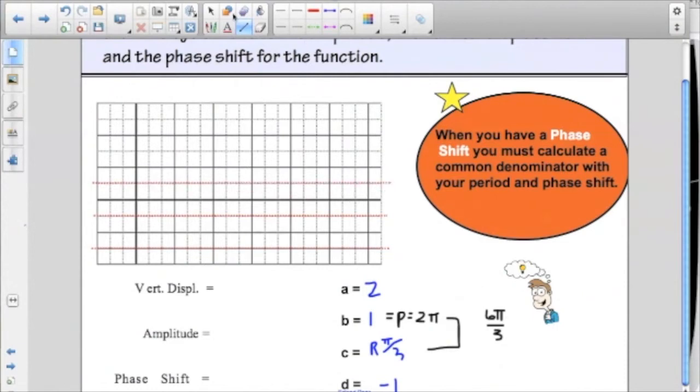Now we've got to put some indicators so we know what's going on here. I know it's 0 here, and I know that's up 1, and that's down negative 1, and down negative 2, and down negative 3.